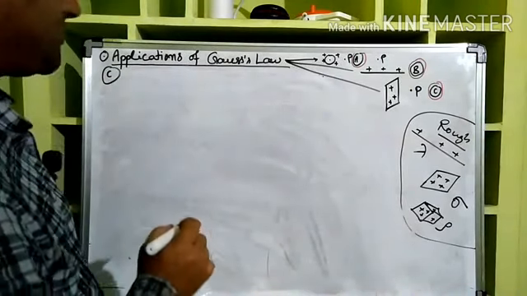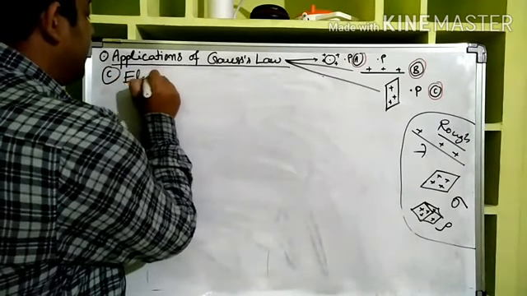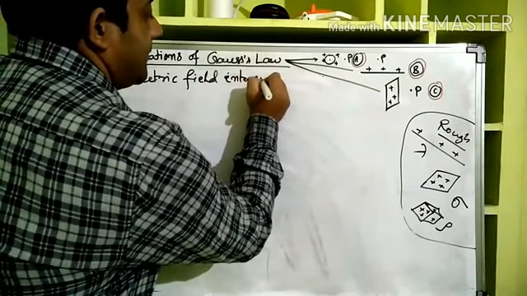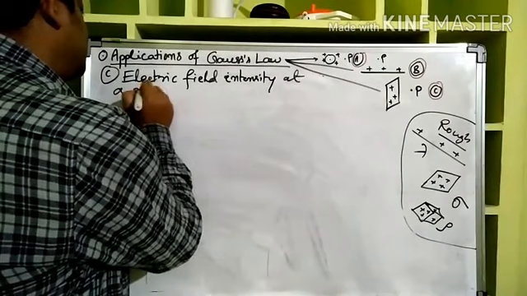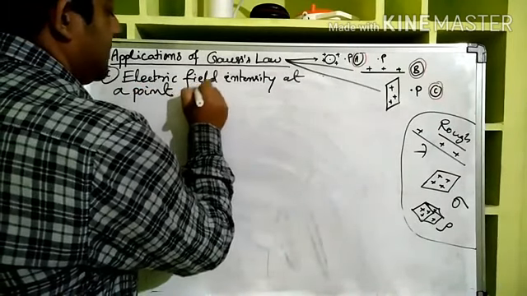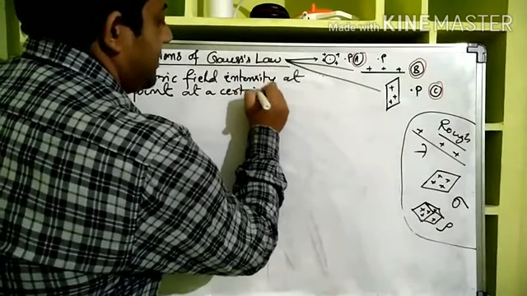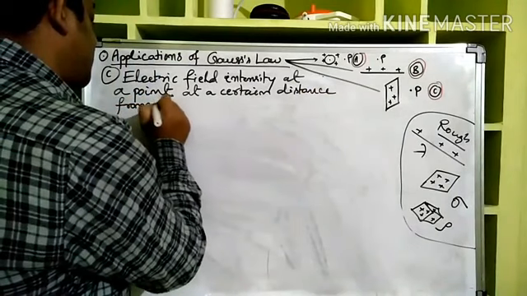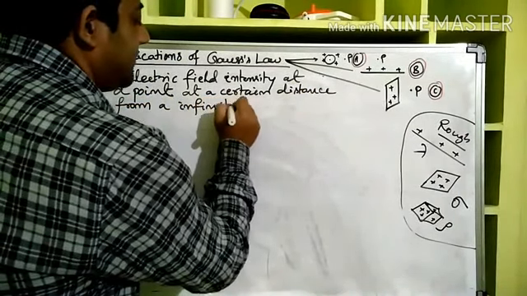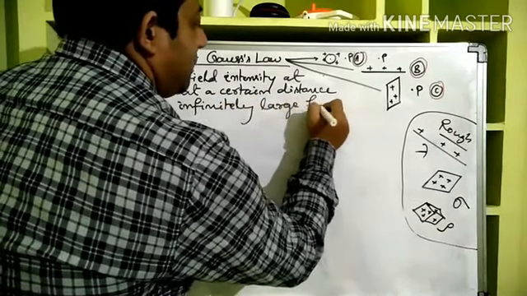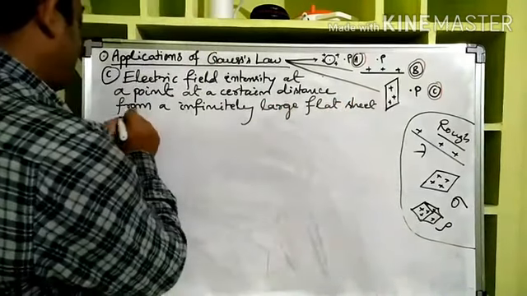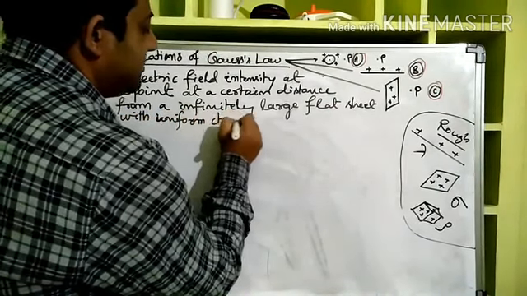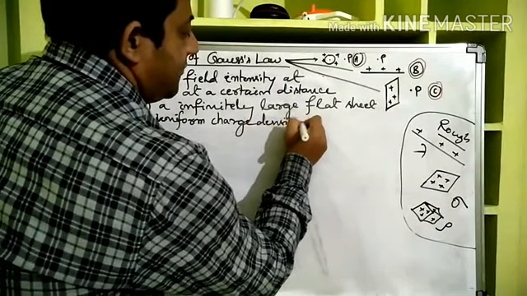Now we'll discuss the third application of Gauss law, which is again electric field intensity at a point at a certain distance from an infinitely large flat sheet with uniform charge density, sigma.